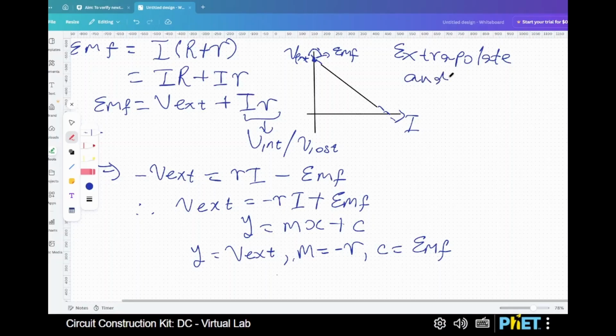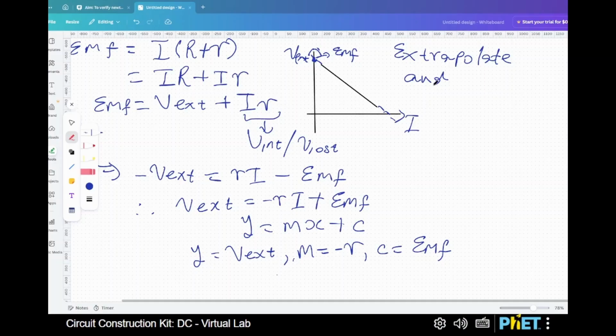And how do you see that from this equation? Note that when it cuts the y-axis, what you have on the y-axis is the external voltage. So when it cuts the y-axis, the current is 0, so then the external voltage is equal to the EMF. So that y-intercept of this graph is your EMF.